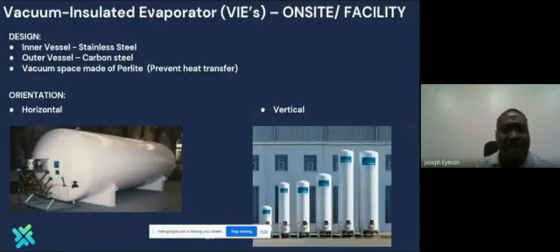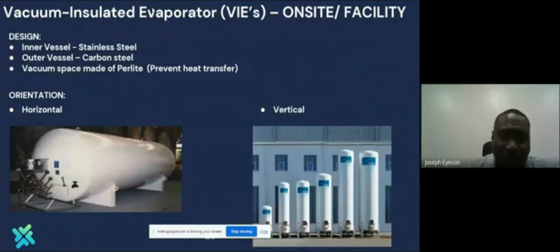So VIE tanks, which are vacuum insulated evaporators, are what is actually on site, either at the hospital or at the facility that is engaging in liquid oxygen. There are two main orientations of the design of the VIEs.